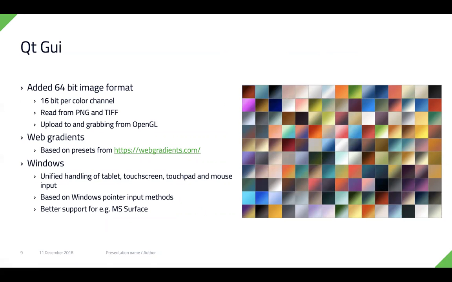We've added support for web gradients, something where you can very simply create a QBrush and then set a standard predefined gradient on it based on an enum. You can see a couple of those on the right-hand side in the image. They're nicely tuned, beautiful, and very easy to use and integrate into your applications.